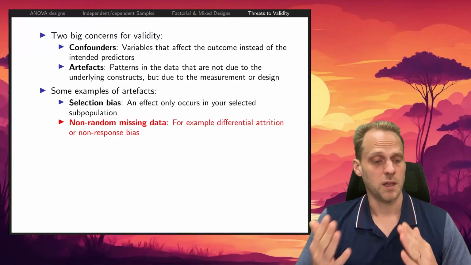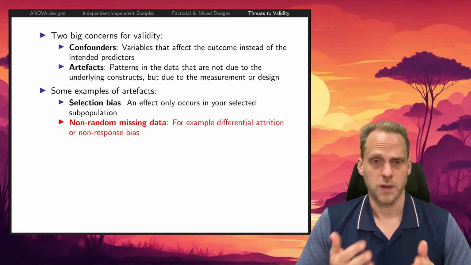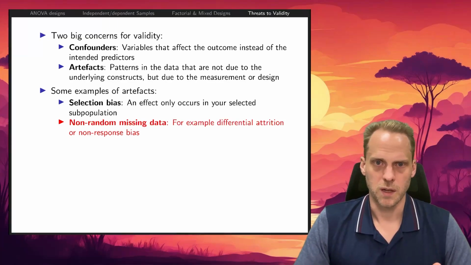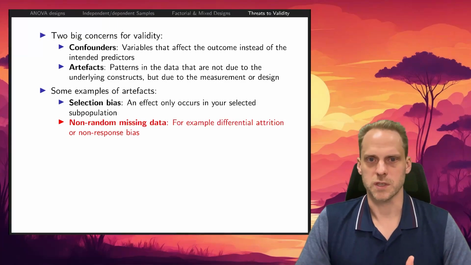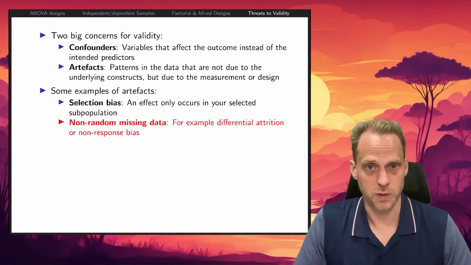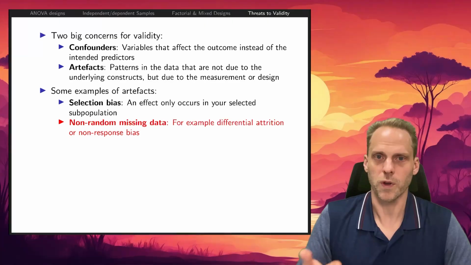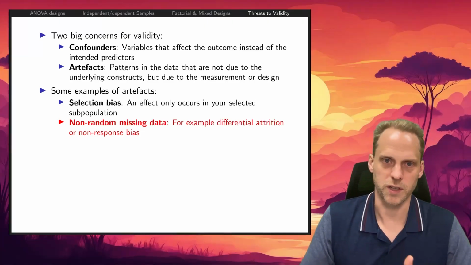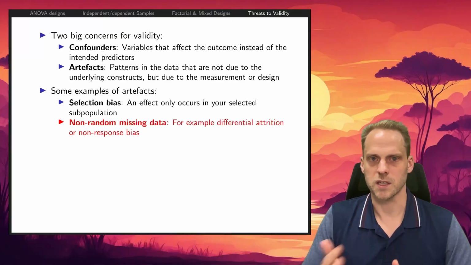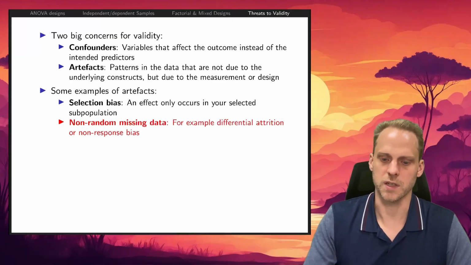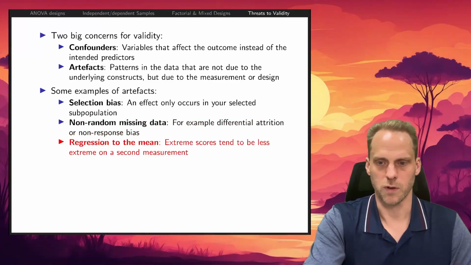Or maybe we are measuring the effect of an intervention, like a government campaign, on people using illegal substances, like vaping in Singapore, for example. And it could be that people that are using illegal substances don't want to say that they're using illegal substances, so they're just not giving any response. In that case, it's going to massively impact the study, and you might completely miss out on the effect that we're interested in.